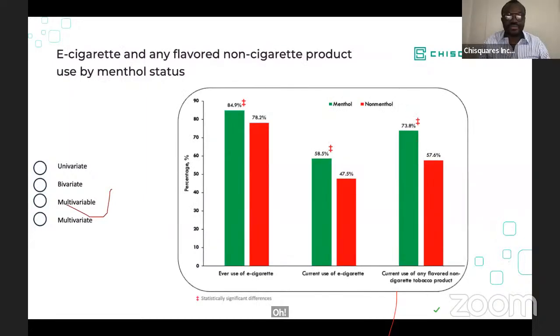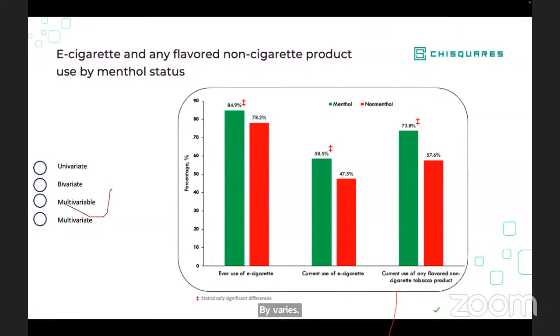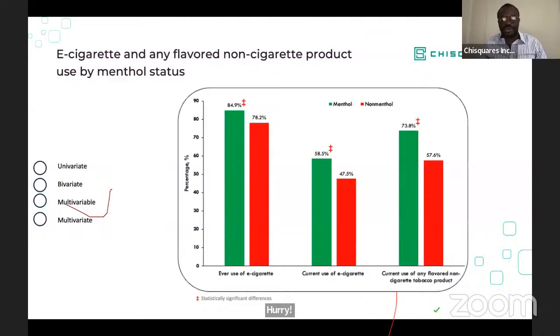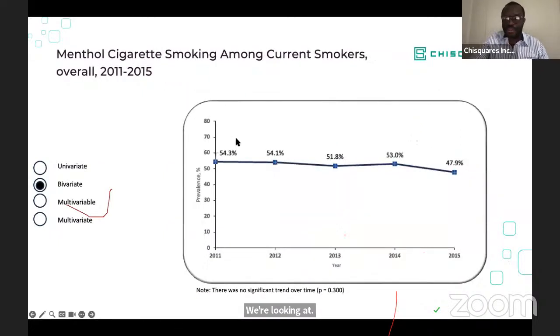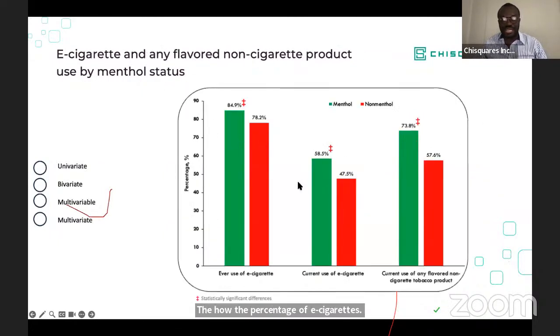All right. So here we're looking at how the percentage of e-cigarettes and tobacco products differ by e-cigarette and any flavored non-cigarette tobacco product use by menthol status. We're comparing menthol users and non-menthol users in the use of e-cigarettes.